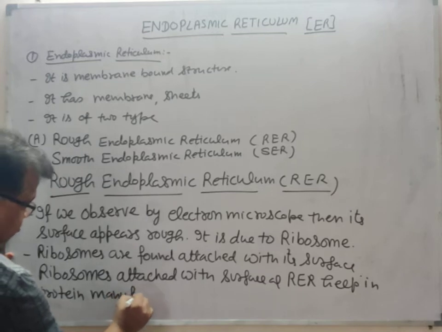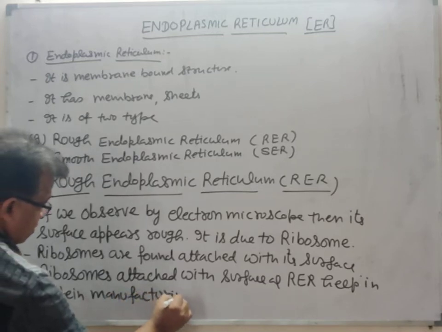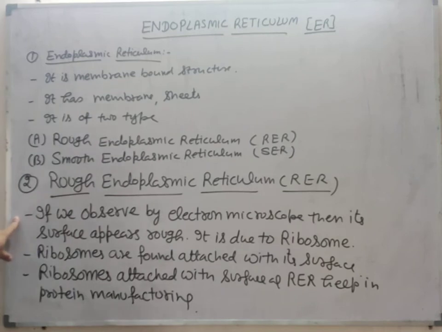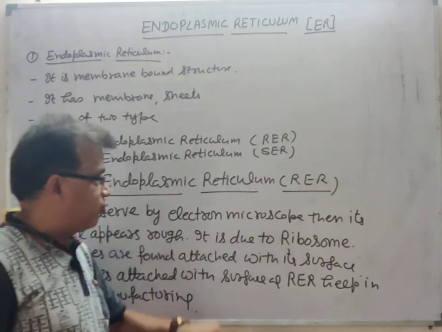So it was about the rough endoplasmic reticulum. Why is it rough? Due to the attachment of the ribosomes.